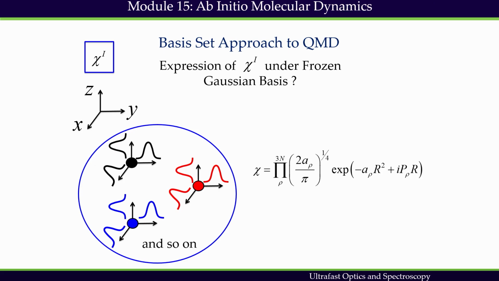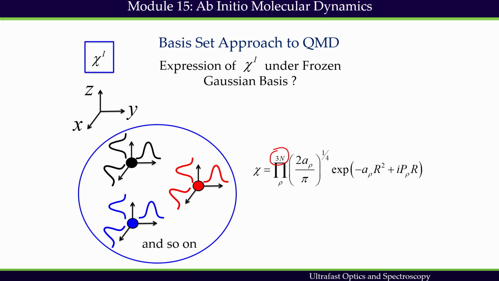If the system with n atoms needs to be represented by traveling Gaussians, one can take a product of one-dimensional Gaussians. Each dimension is represented by r, and rho represents the 3n Cartesian coordinates. So what we need to do is use a localized Gaussian. That's why we are taking a product. So the product is a product of 3n number of one-dimensional Gaussians.